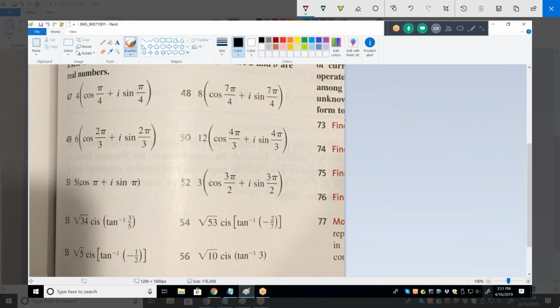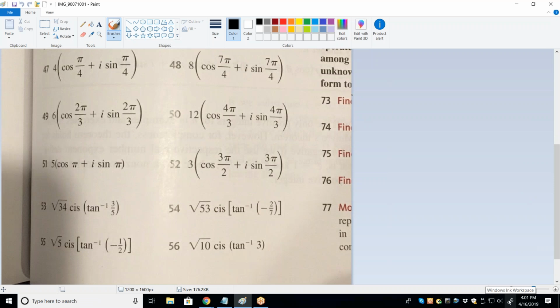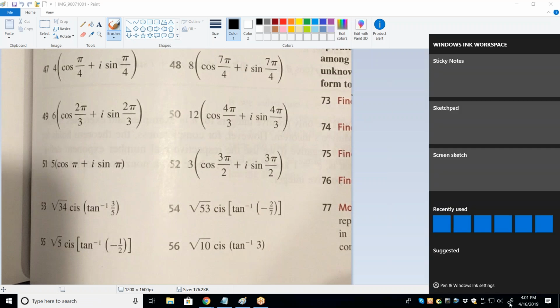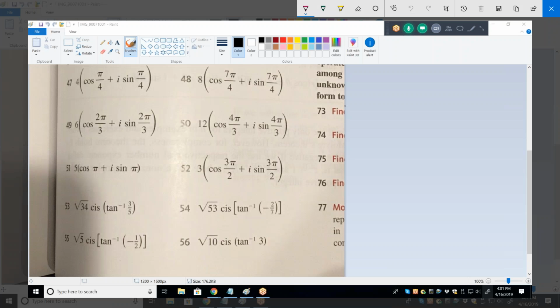All right, let's see if we can find another tricky one. 56 is the last one. Go ahead and do 55 all by yourself.